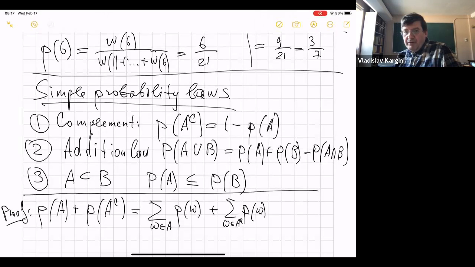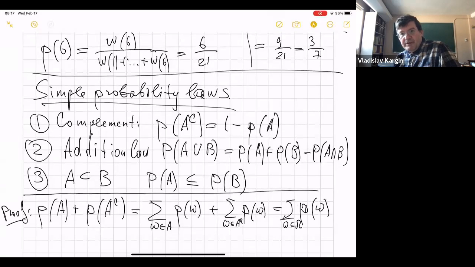Together this covers everything, all possible outcomes. So it is the sum of the probabilities of omega over all of omega, and by one of our axioms this is equal to 1.